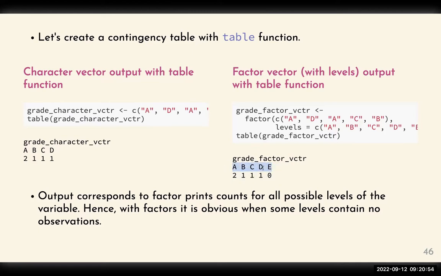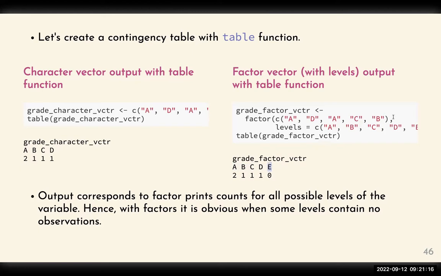Here I have A, B, C, D, E. Here I have A, B, C, and D only. With factors, it is obvious when some levels contain no observations.